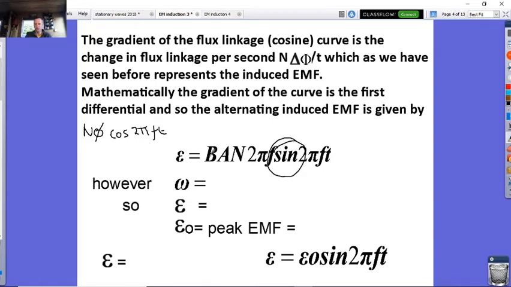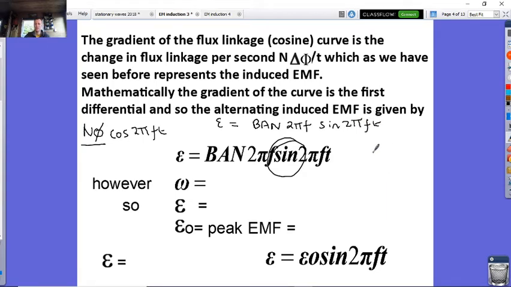Now, the cosine goes to sine. But here, you've got a function of a function. Therefore, the 2 pi f pops out. Hence, the EMF pops out to be BAN, which is that N phi you've got here. Then you've got your 2 pi f, and then you've got your sine 2 pi f t.